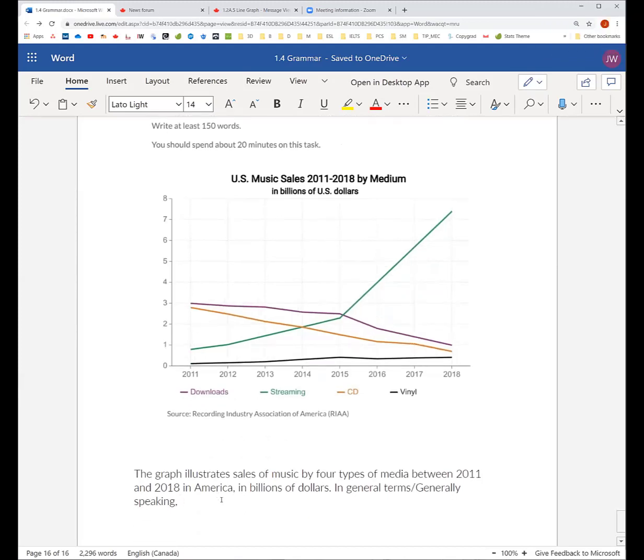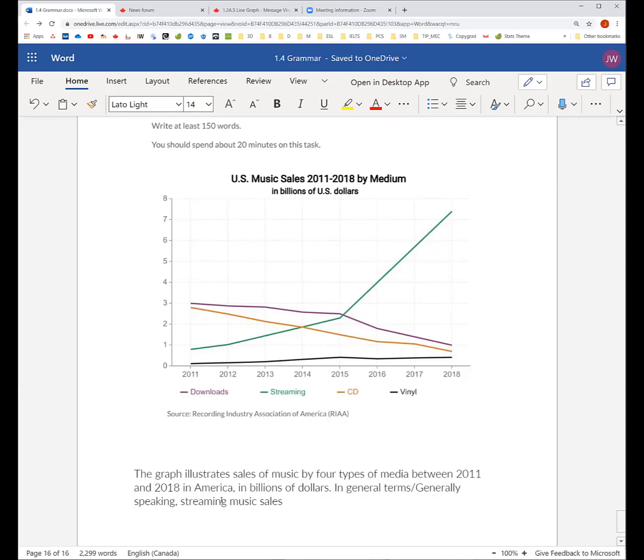Generally speaking, music sales. Streaming music sales show, showed.